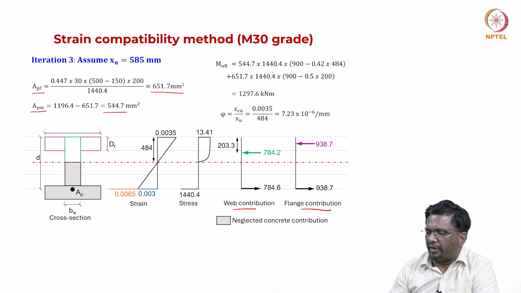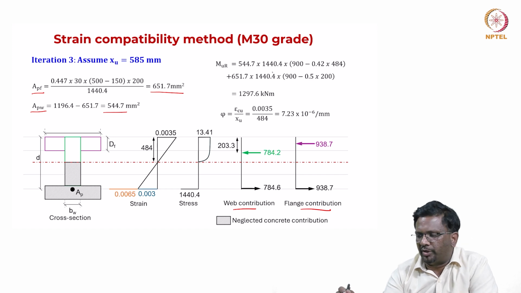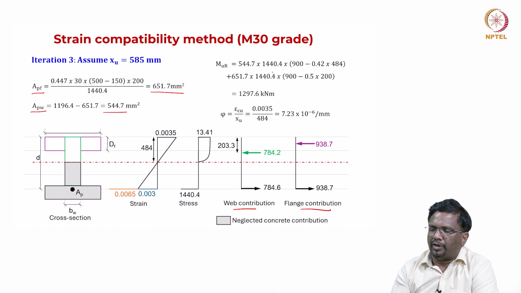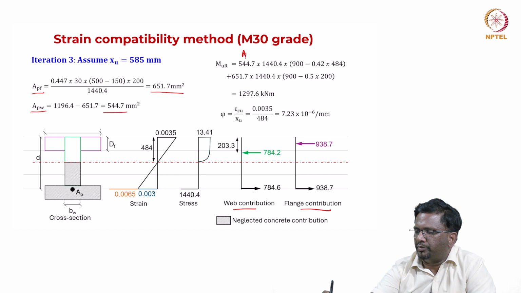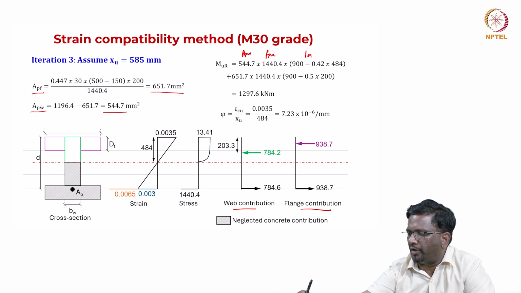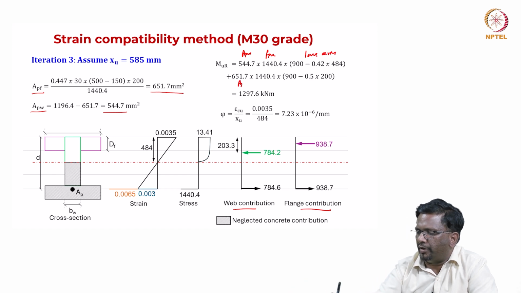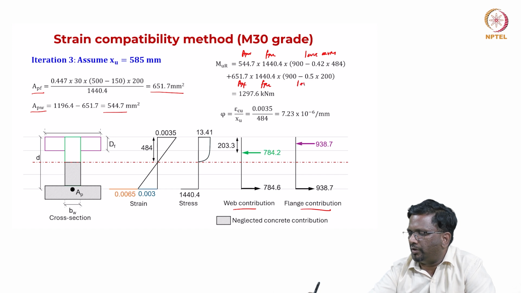Now we have already done how to do the moment resistance calculation. So, you see here this is APW times your FPU times your lever arm, this is your APF times your FPU times your lever arm.